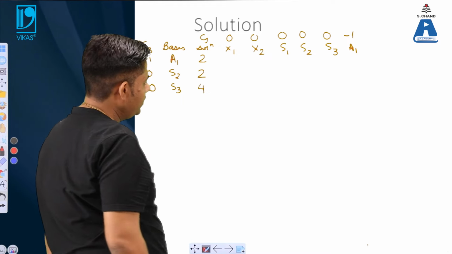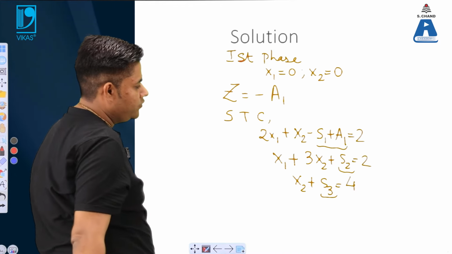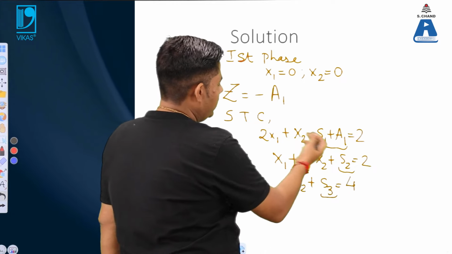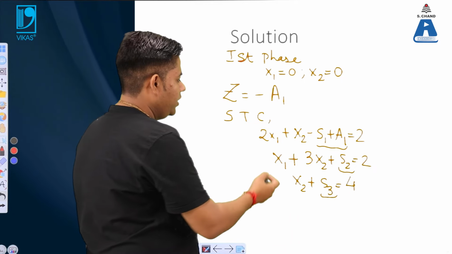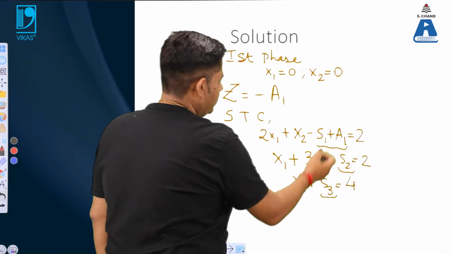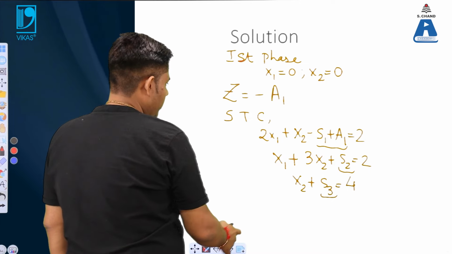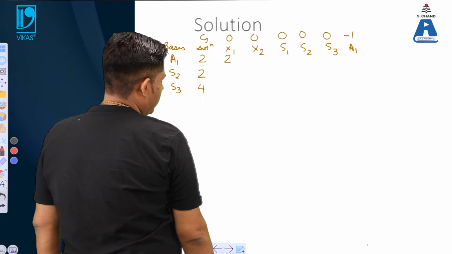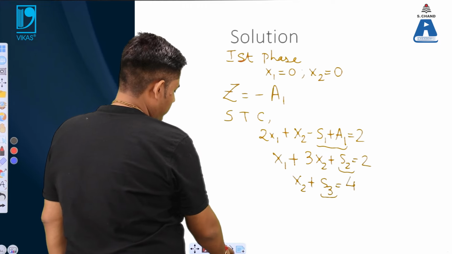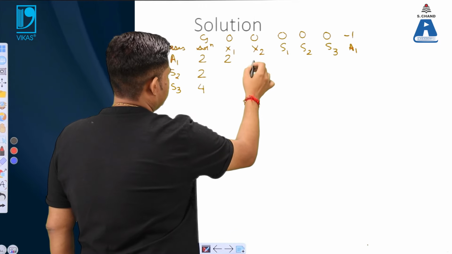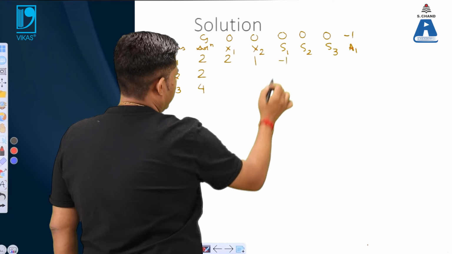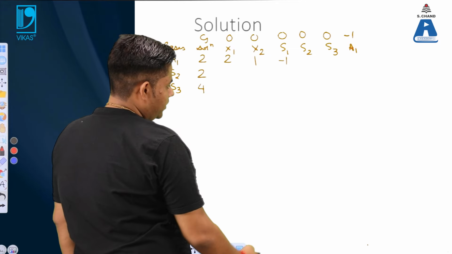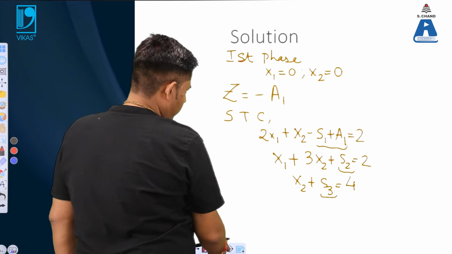And for all these variables, I need to take the help of these constraint equations that I have converted into equalities. So 2, 1, -1 and a1. So I have here 2. Then for x2, I have 1. Then I have this -1 because s1's coefficient is -1.